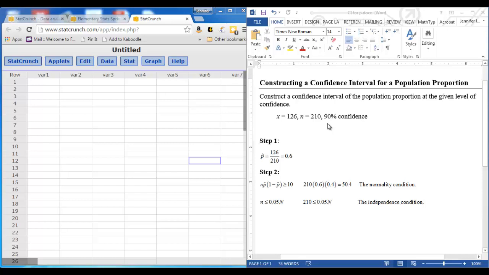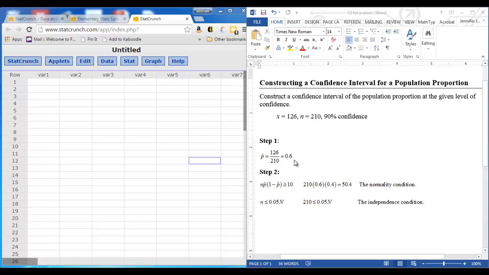So our first step is to calculate our point estimate, which is our sample proportion, or the notation for that is p hat. So p hat is going to be 126 divided by 210, which gives us 60%. In other words, 60% of the surveyed voters said they favored pension reform. Now here's the thing, even though in our sample 60% favor pension reform, the likelihood that that value, meaning 60%, is the same as what it would be if we surveyed everyone is very small.